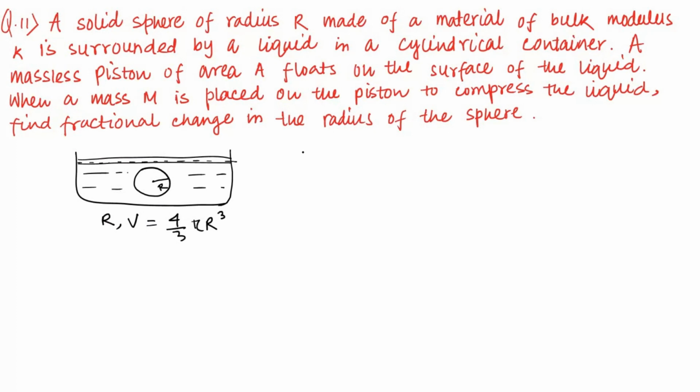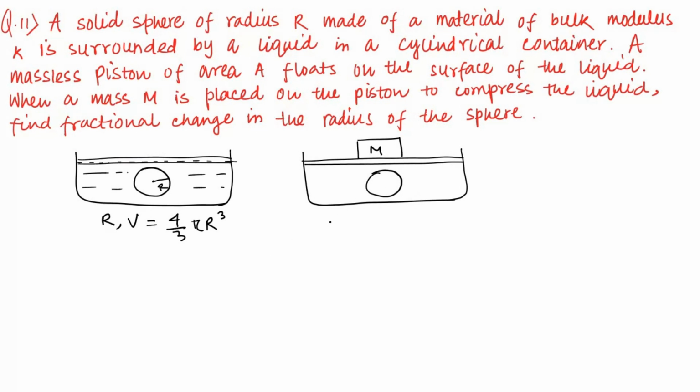Now we are placing a mass on this piston. So again I am drawing this. Now we have some mass m on that piston. Whenever the mass m is placed on the piston, that means some pressure is applied, right?